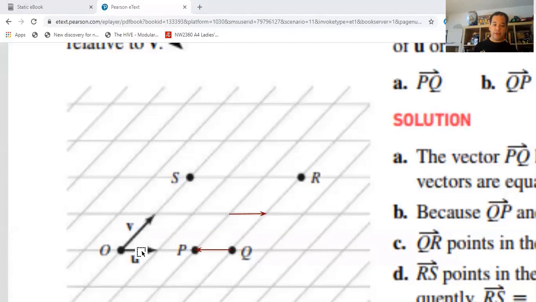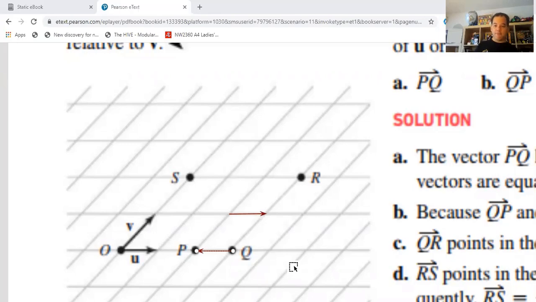So if I put it right here on top, you'll see that it's exactly the same magnitude, but now it's pointing in the opposite direction, right? So what is QP? QP is -1 times u. And -1 times u, we like to call it just negative u, right? I mean, it's like an abbreviation of -1 times u. We call it negative u, all right?